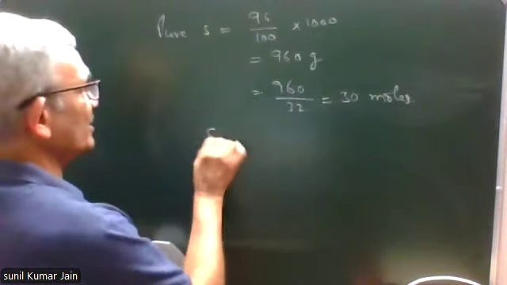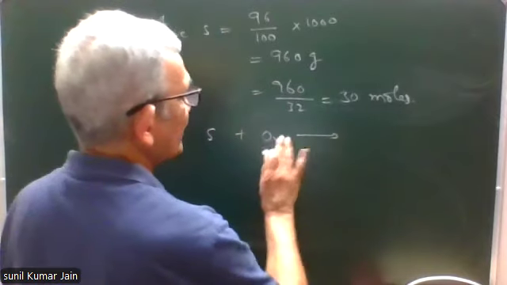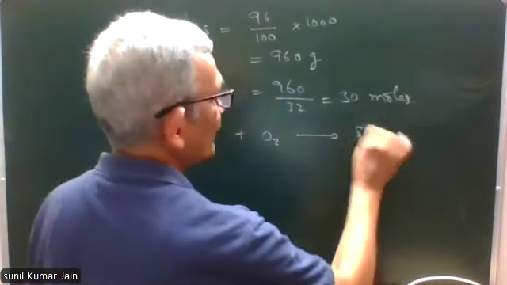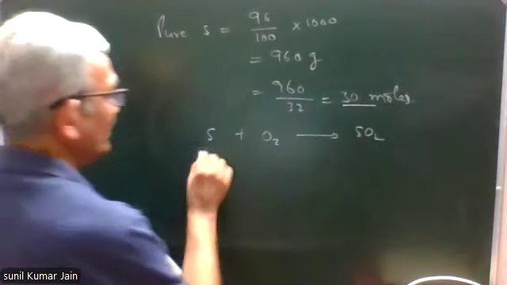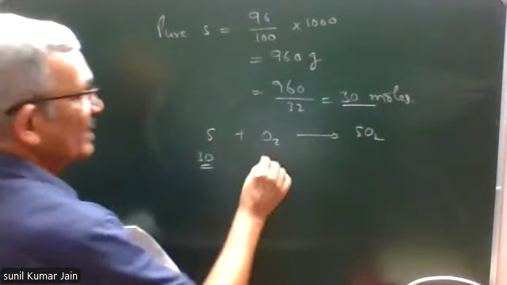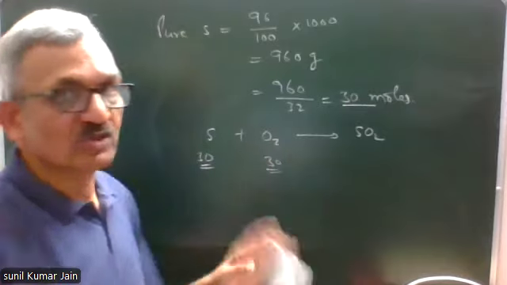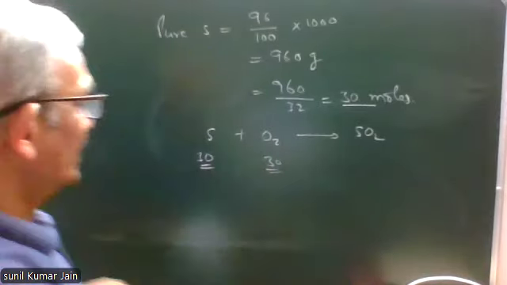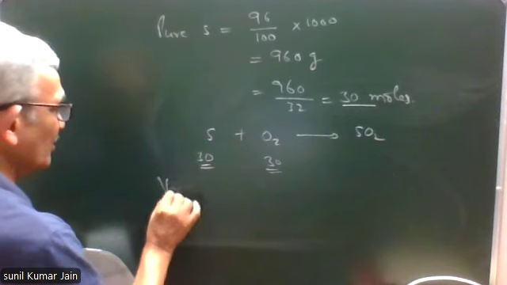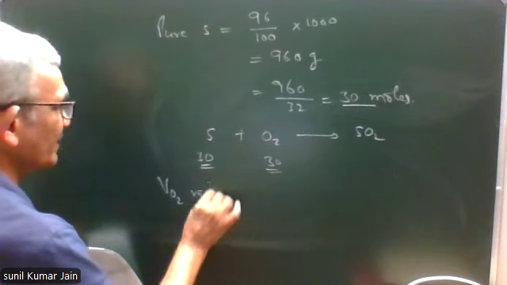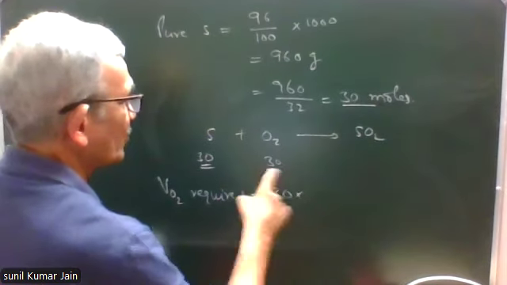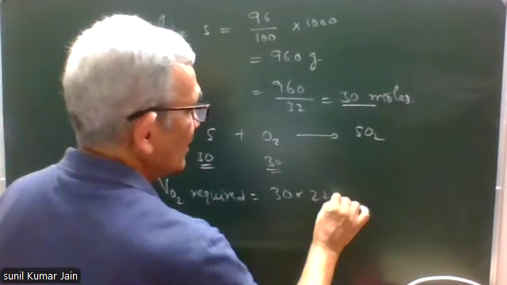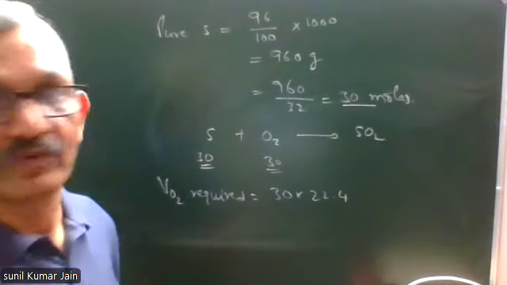Now I'm writing the equation. Sulfur plus oxygen gives sulfur dioxide. Now, for 30 moles of sulfur, naturally 30 moles of oxygen will be required. It means the volume of oxygen required will be 30 moles into 22.4 liters per mole.